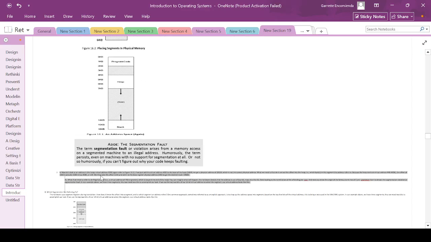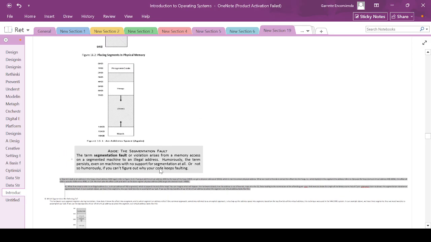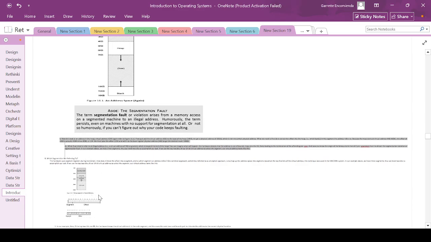Then we add that to the base register physical address, which is 34K, to get the desired 34920, which is still in bounds because it's not out of bounds.